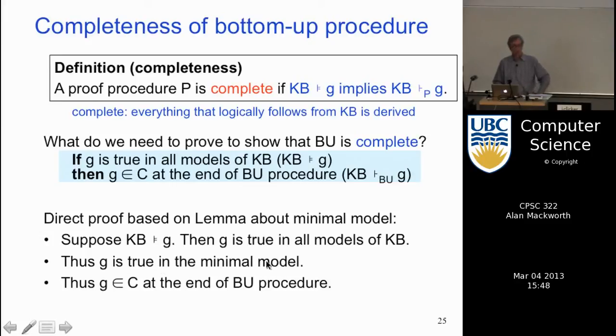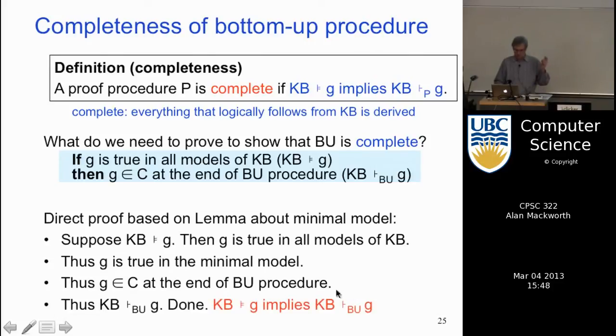Since it's true in the minimal model, the only atoms that are true in the minimal model are the ones that were forced to be true by the bottom-up procedure. If it's true in the minimal model, it must be in the set of consequences at the end of the bottom-up procedure. That follows. Thus, KB bottom-up derives G. Right?